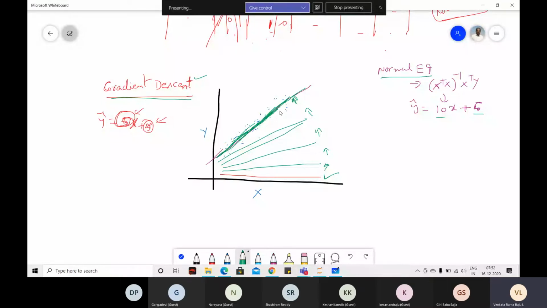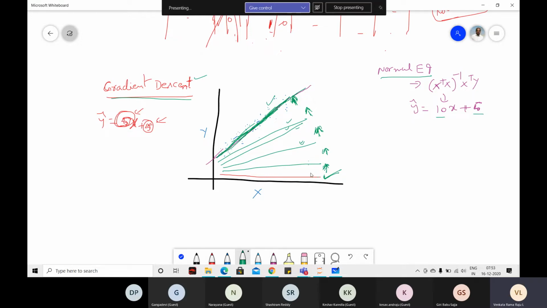What I am saying is, this is a solver or an algorithm which draws a random line like this and moves the line in a systematic way, in such a way that it reaches the best fit line. Mathematically it is calculating, and it is knowing that the error here is high, the error here is a little lower, the error here is even lower, and it is the minimal error. Okay, got it?